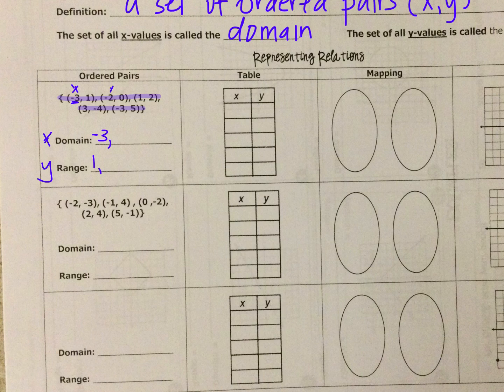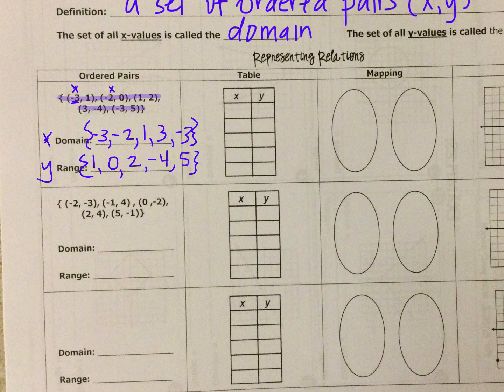My second x is a -2, my second y is a 0, then 1, 2, then 3, -4, and -3, 5. When we write relations, we always put them in squigglies so we know that they are together. So, domain and range, x's and y's.